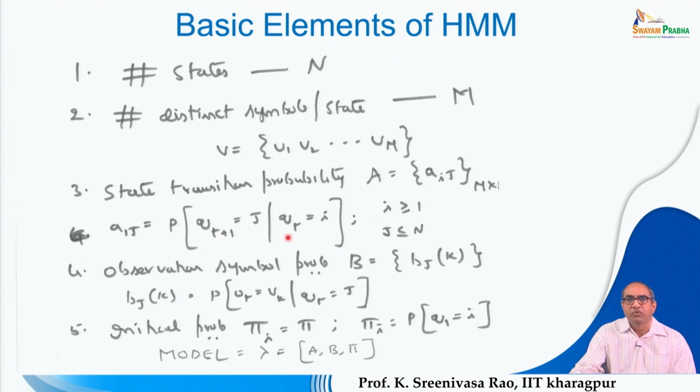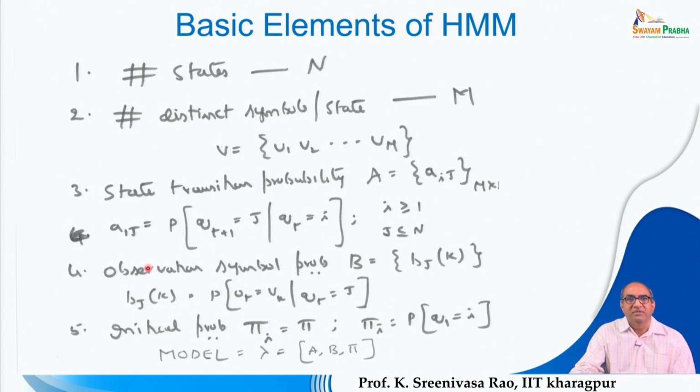So qt plus 1 and qt are the states at time t and t plus 1, at i and j. i is the previous state, j is the current state, and they are within 1 to n.